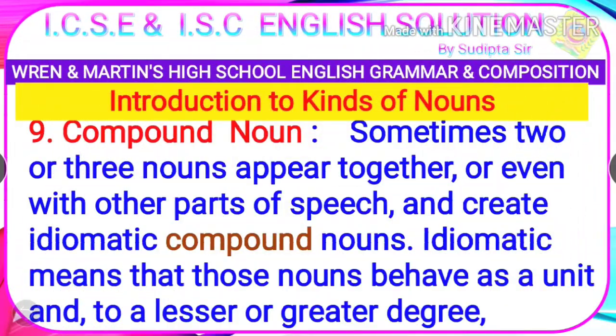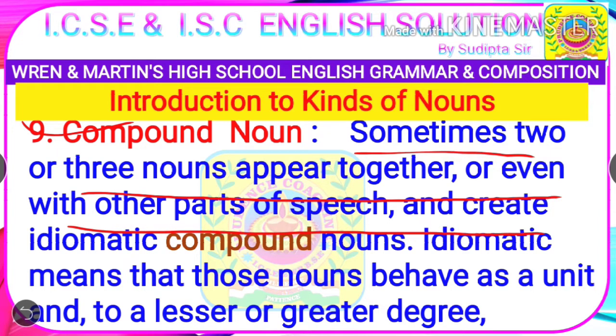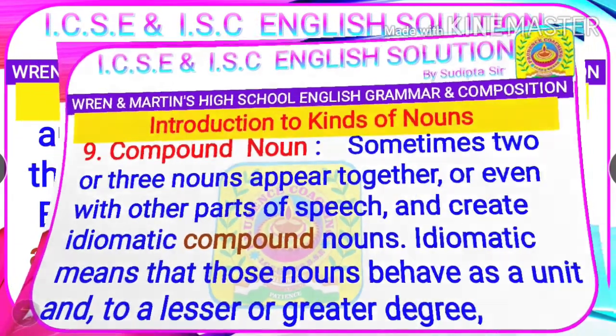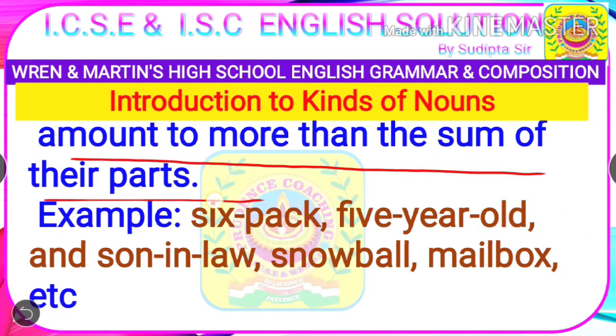Next, there is compound noun. It is another type of noun. It says that sometimes two or three nouns appear together, or even with other parts of speech, and create idiomatic compound nouns. Idiomatic means that those nouns behave as a unit and to a lesser or greater degree amount to more than the sum of their parts.